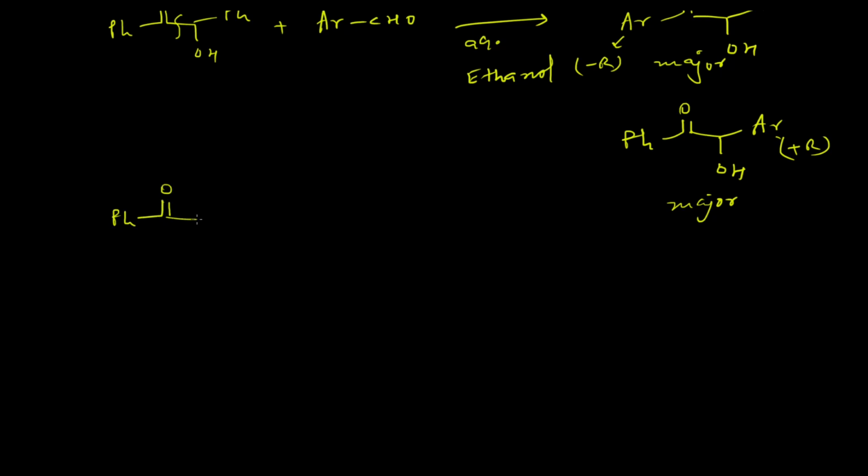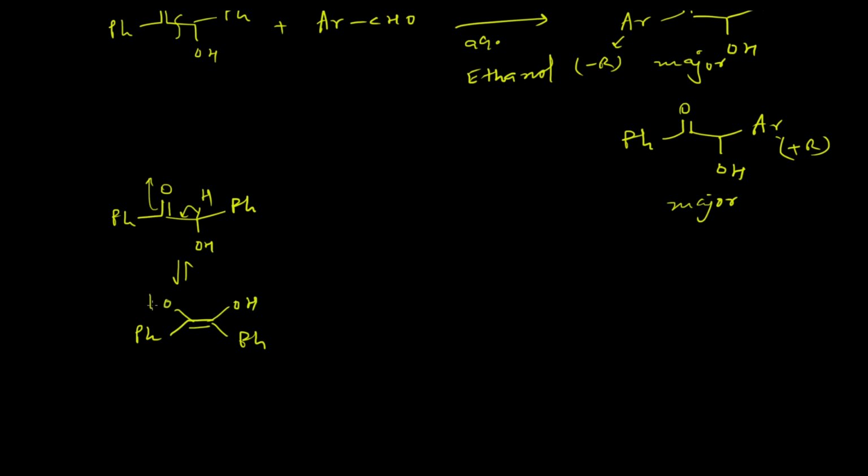Another interesting thing is that since benzoin is an alpha hydroxy ketone and it possesses an alpha hydrogen, only one alpha hydrogen is there, so it can easily undergo tautomerization, and after tautomerization it will form an enediol.